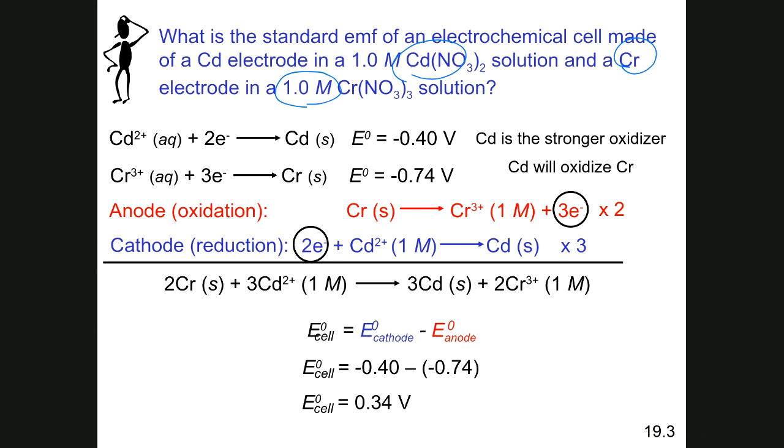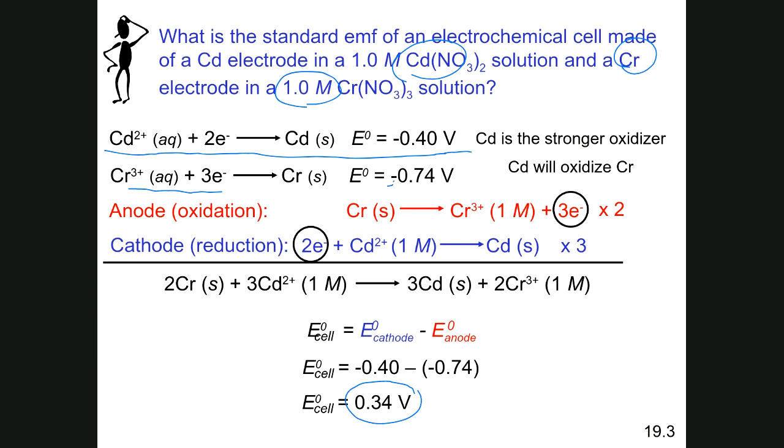So we write the reduction half for the 2. For cadmium to be reduced, the E0 is minus 0.4. Chromium being reduced is going to be minus 0.74. In order for the final answer to be positive, this value must be positive.